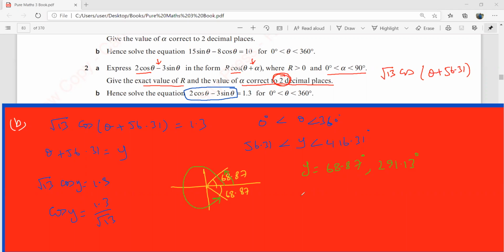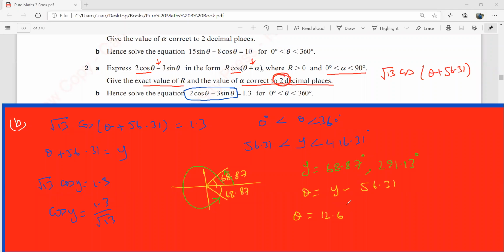And let's quickly get back the values of theta from here. So your theta is actually going to be y minus 56.31. So you subtract 56.31 one by one from these values of y. What is the first value? 68.87 minus 56.31. So what is this theta? 12.6.